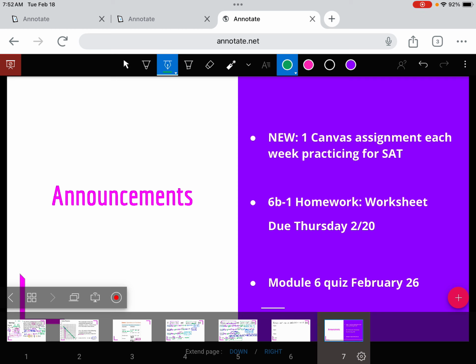This is coming from higher up in the food chain, where they want you guys to really work on those SAT scores, because they've been dropping the past few years. I'm just pulling it up to look at it. Yeah, it is almost entirely multiple choice. I think there's 2 questions that are not multiple choice. So it's just practice SAT questions.